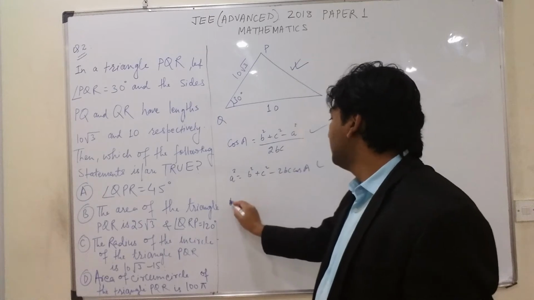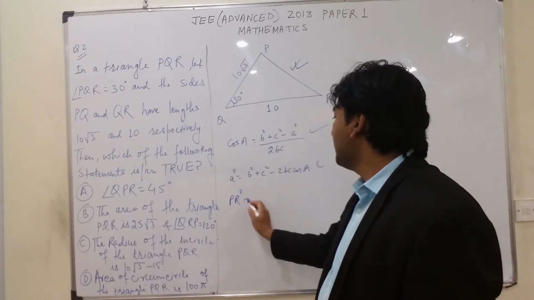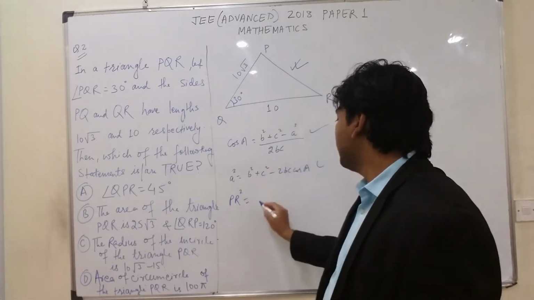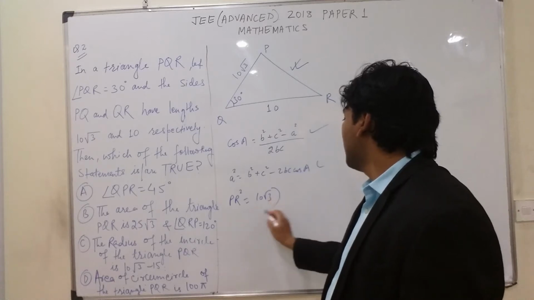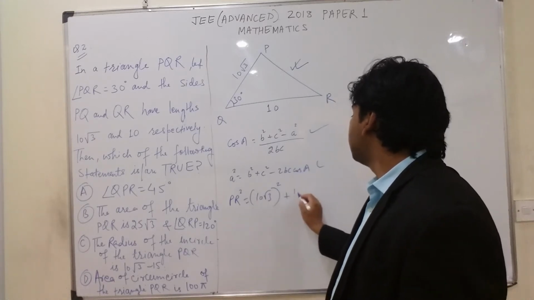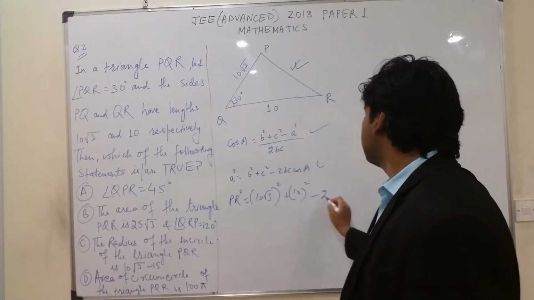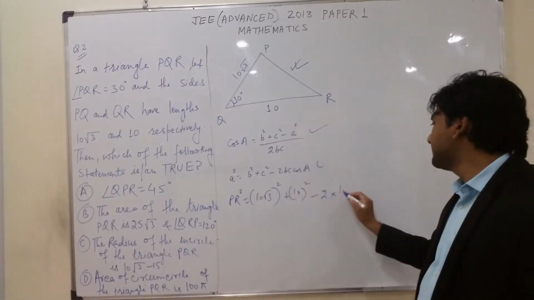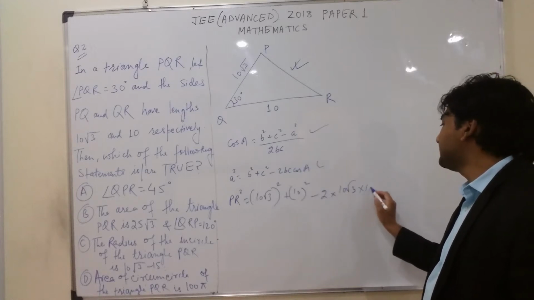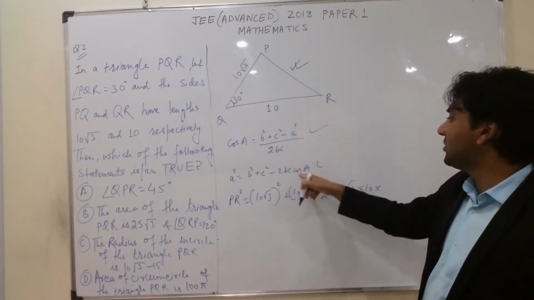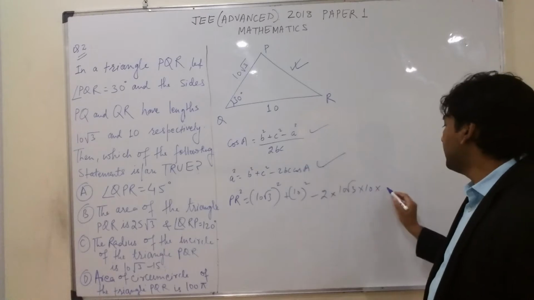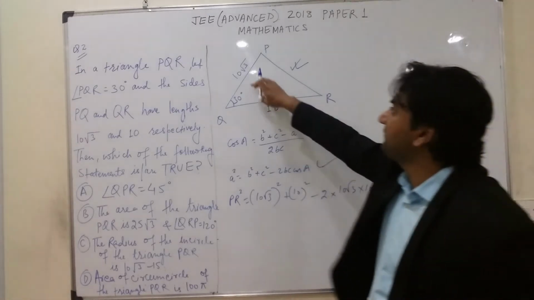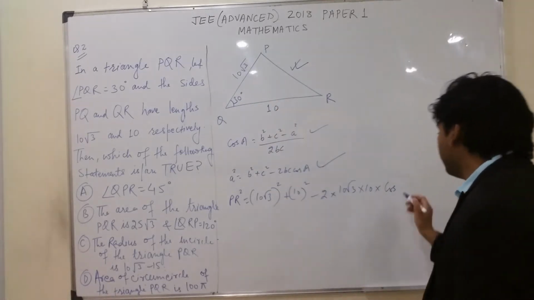Now PR square equals this square plus this square, which is 10 root 3 whole square plus 10 whole square, minus twice the product of these 2 sides, which is 10 root 3 times 10, and then times cos A. This is cos A, the angle between these 2 sides, which is 30 degrees right here.